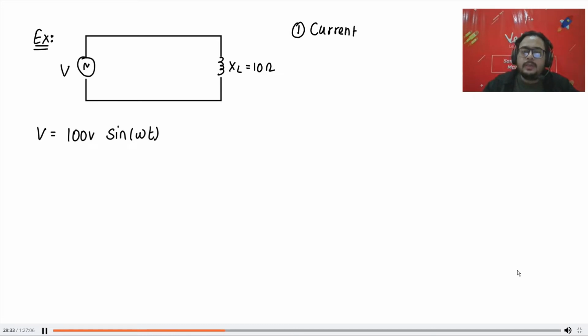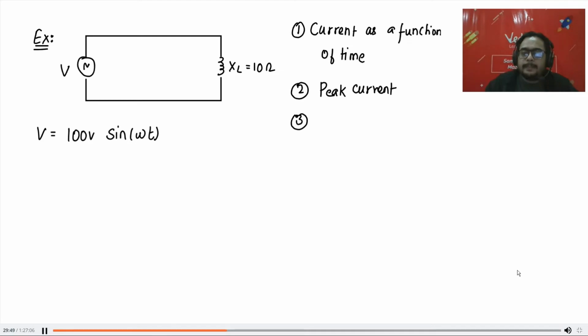So first question is find current as a function of time. Second question is find the peak current. And third question is find the RMS current.